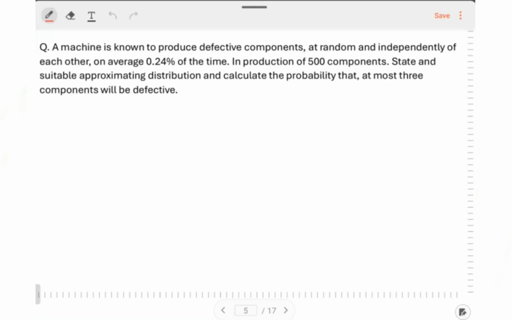0.0628. A machine is known to produce defective components at random and independently of each other, on average 0.24 times in a production of 500 components. X is a binomial distribution, 500 comma 0.0024. 0.24% का मतलब है 0.0024.